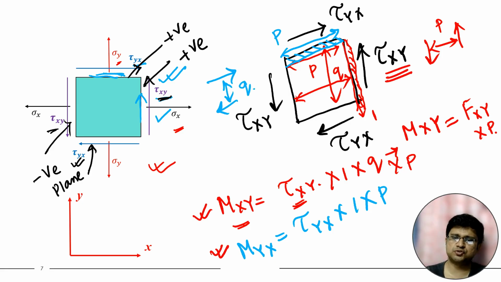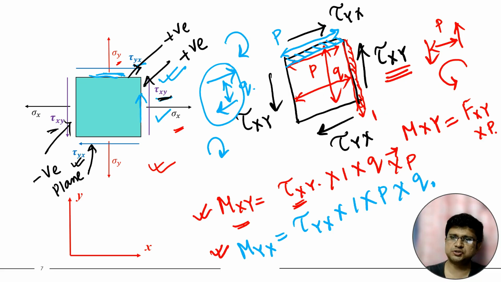So how much will be myx? Fyx into q. And the moment that will be generated will be clockwise moment. Here, due to this type of force, it will generate clockwise moment. And here it will be anticlockwise moment. For these two forces, it will be anticlockwise moment. So this is anticlockwise moment and this is clockwise moment.